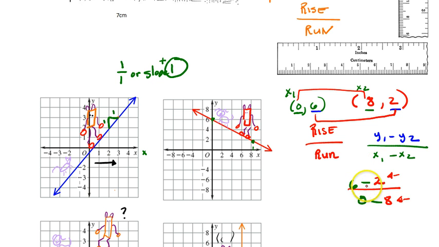So if I subtract this out, 6 minus 2 is 4. And 0 minus 8 would give me a negative 8. All right, if I simplify this, this would give me a slope of negative 1/2. Now let's look at that.